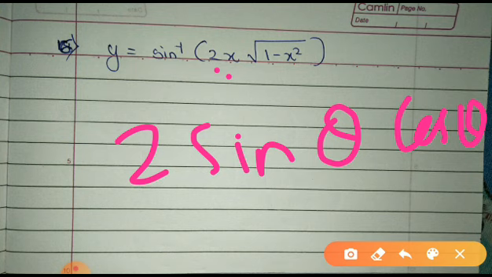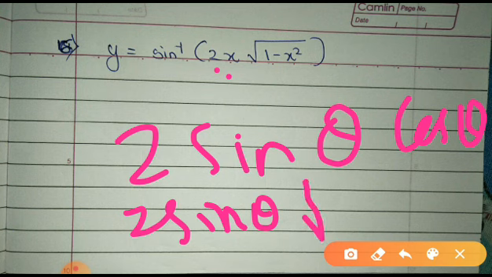No problem. Because if I substitute x as sine theta, I'll get 2 sine theta into root of 1 minus sine square. 1 minus sine square is cos square, so the root will be cos theta. So I'll get 2 sine theta cos theta.